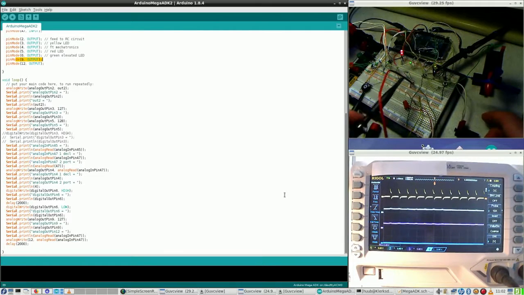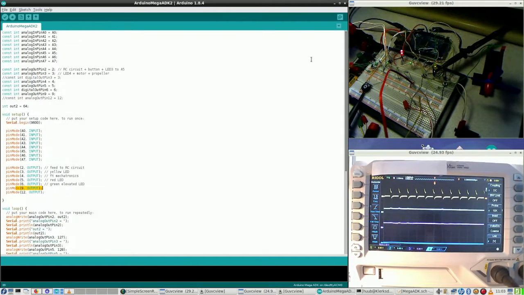No. What happens then to pin 9? Output pin. Is it connected anyway? Yes, it is. So how is that connected?